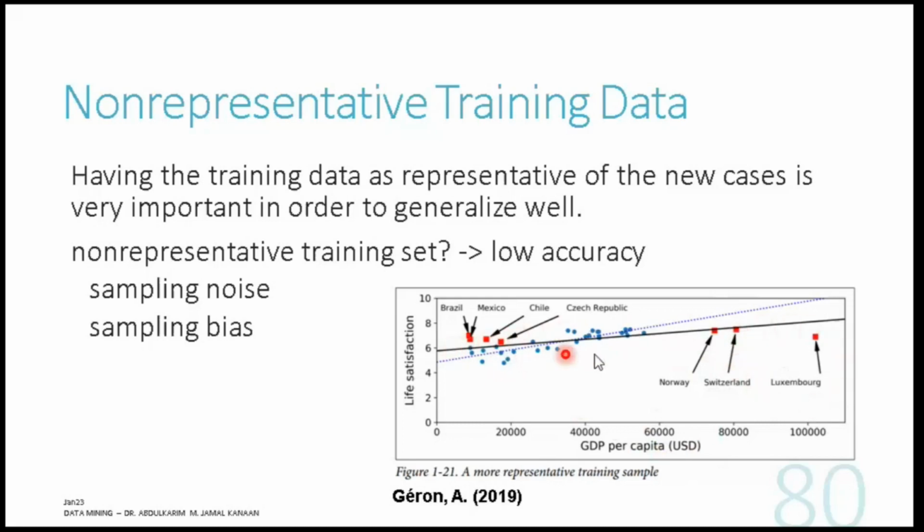So if you check the first line, the black one, it looks like people from even a high income country or a low income country have almost the same level of satisfaction. Correct? Check. If you just draw a line down to the y-axis, I'm talking about the black line, then the levels of satisfaction are very near to each other.